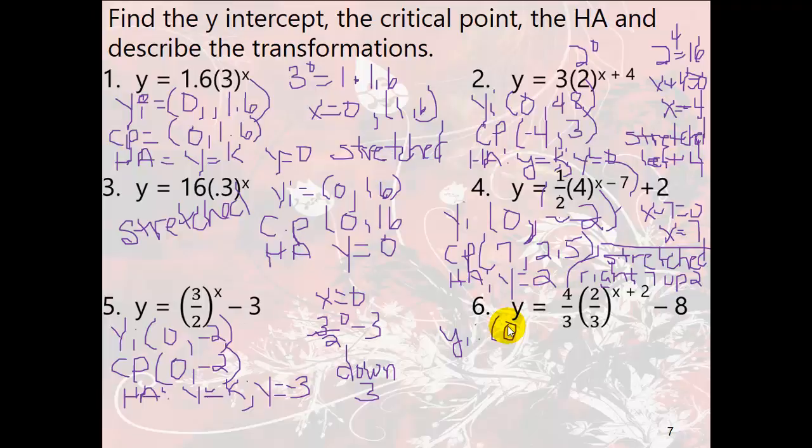Negative 7.4. My critical point, if I take my exponent and set it equal to 0, I'm going to plug in a negative 2. And when I do that calculation, I get negative 14.1.